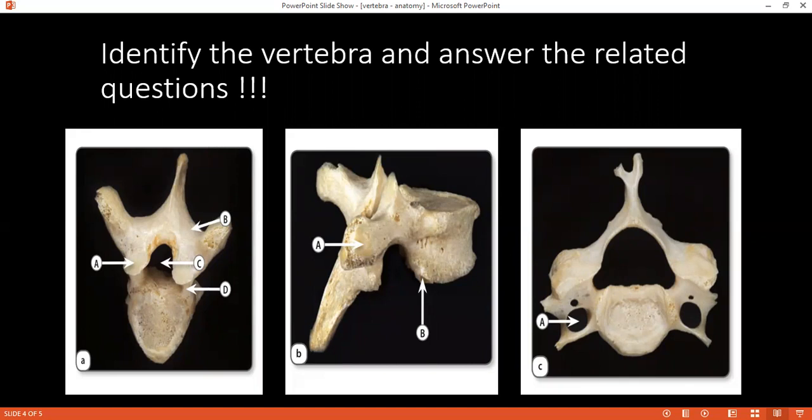What are the ligaments attached to the odontoid process? The apical odontoid ligament, the alar ligament, and the transverse atlantal ligament.